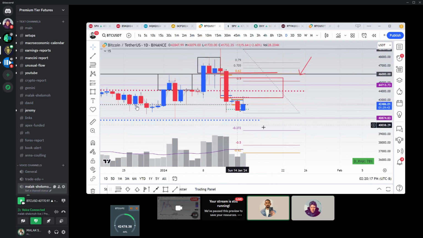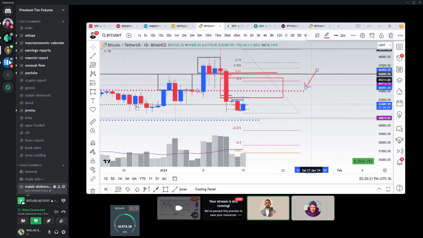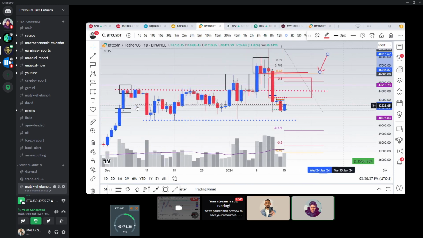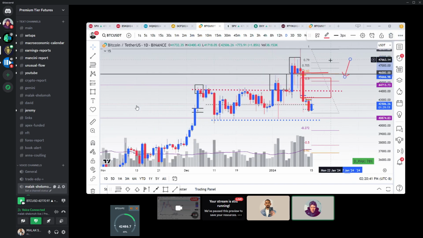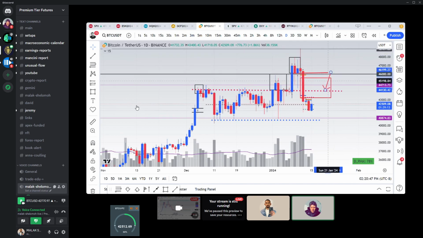So with all that we've broken down so far, what's your final synopsis? What's your thesis? So looking at Bitcoin over the course of this horizontal range here, I would say I have two thoughts, and both of them hinge on these levels right here.